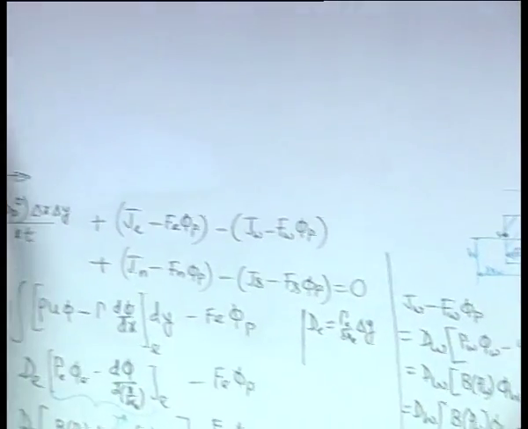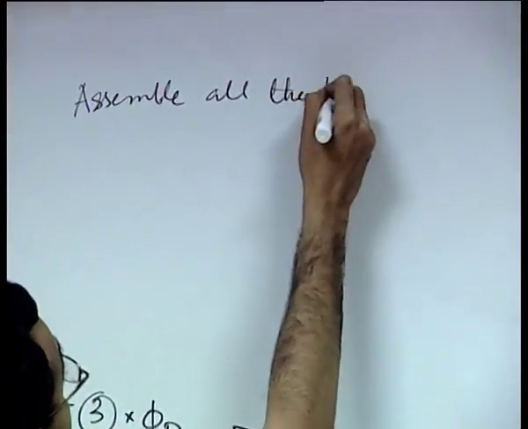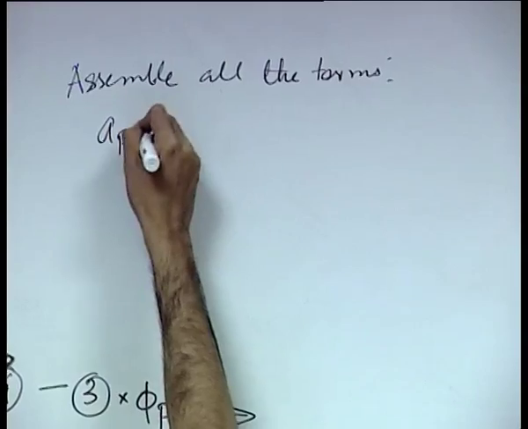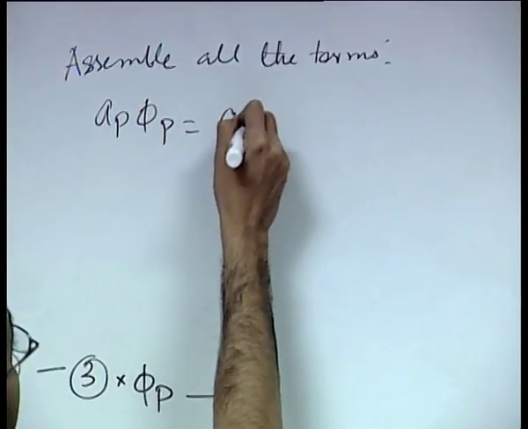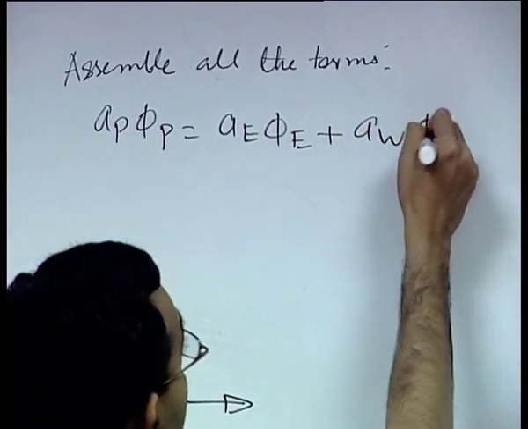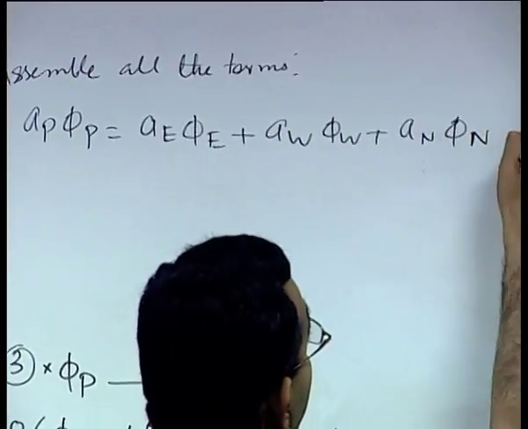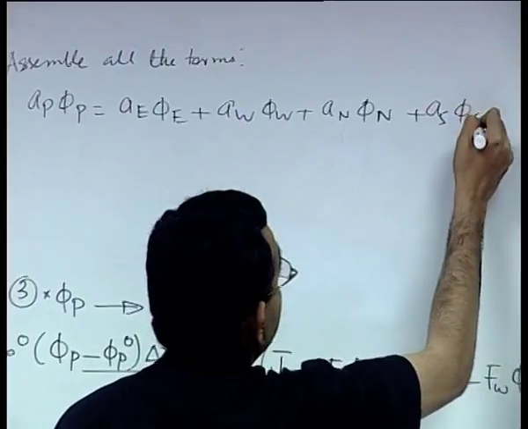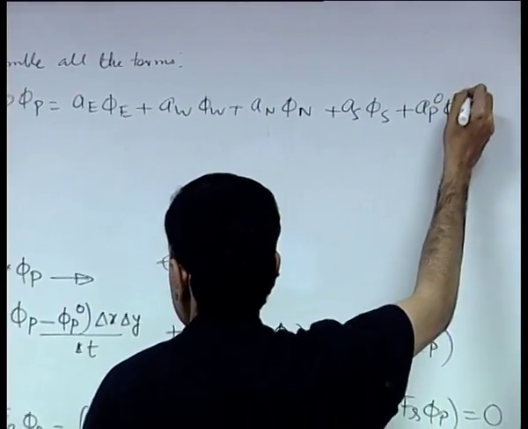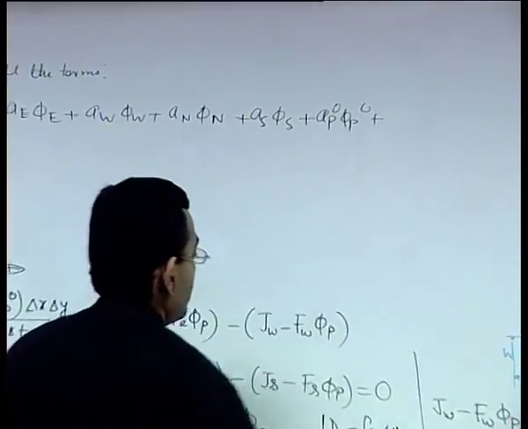Assemble all the terms, you will get AP phi p is equal to AE phi e plus AW phi w plus AN phi n plus AS phi s plus maybe AP0 phi p0, plus, there is no source term here.